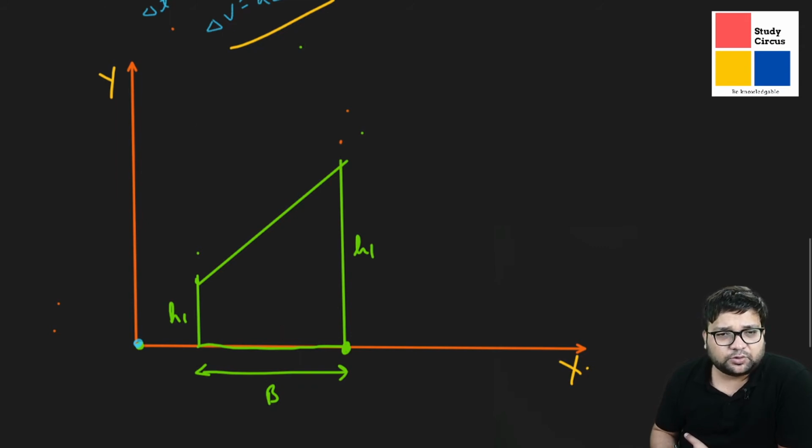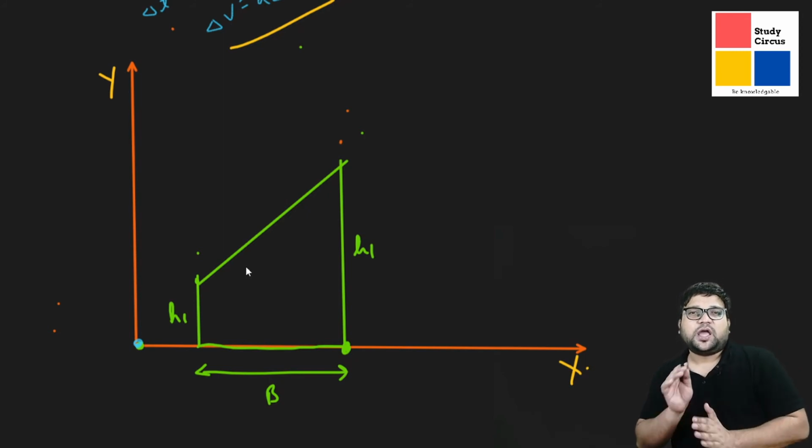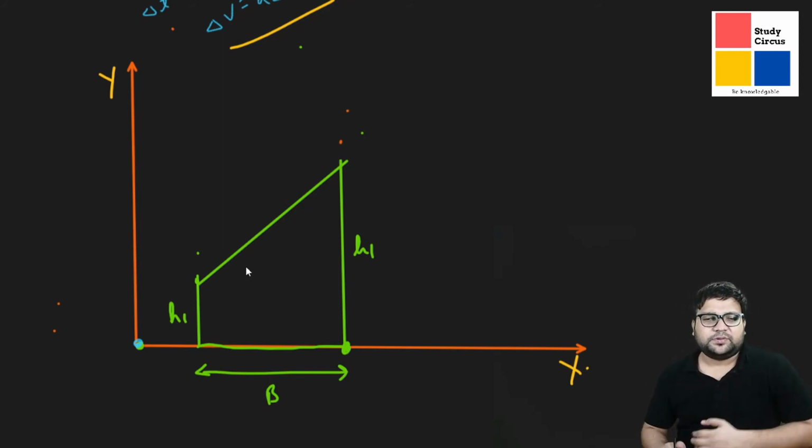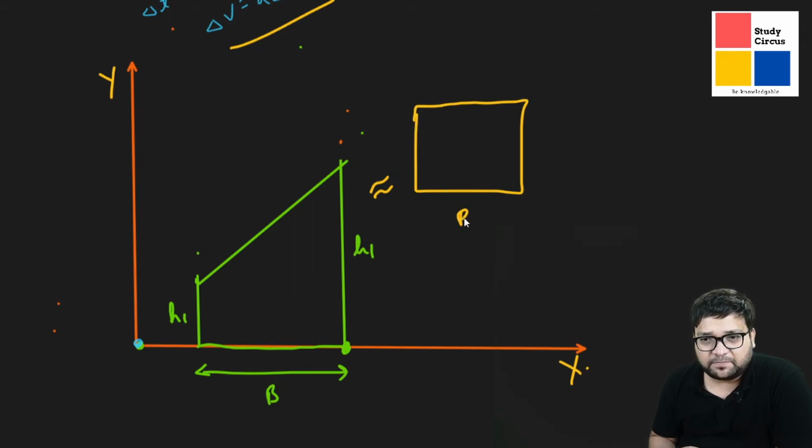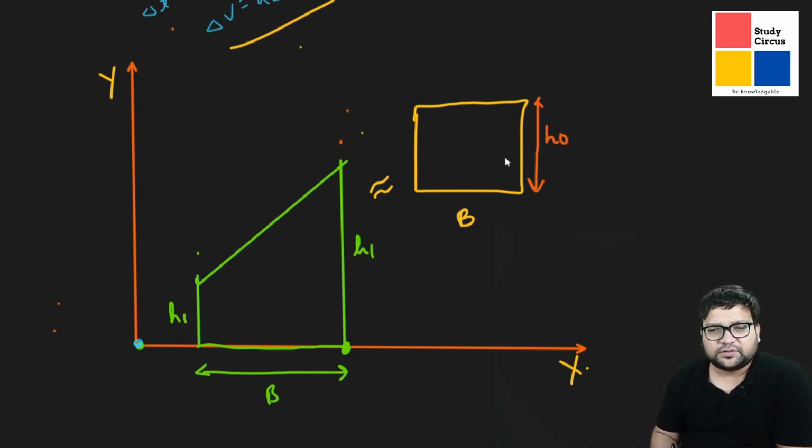How do we find the area of this trapezium? Basically we take the average of h1 and h2 and draw an equivalent rectangle with the same base b. What height should we take, let's say h naught, for this rectangle so that the rectangle and this trapezium have the same area?